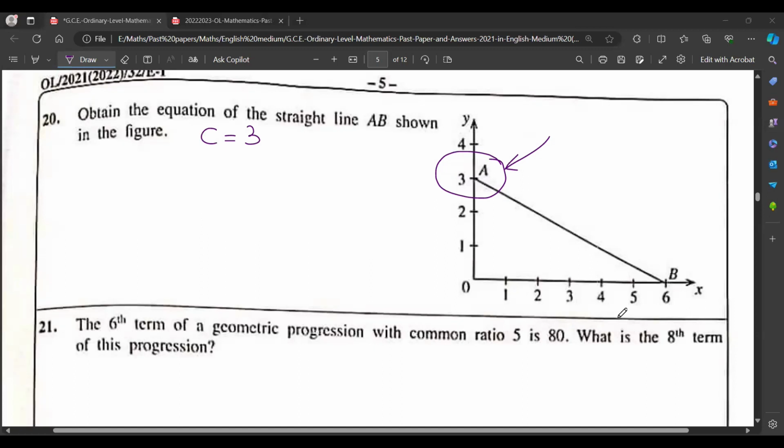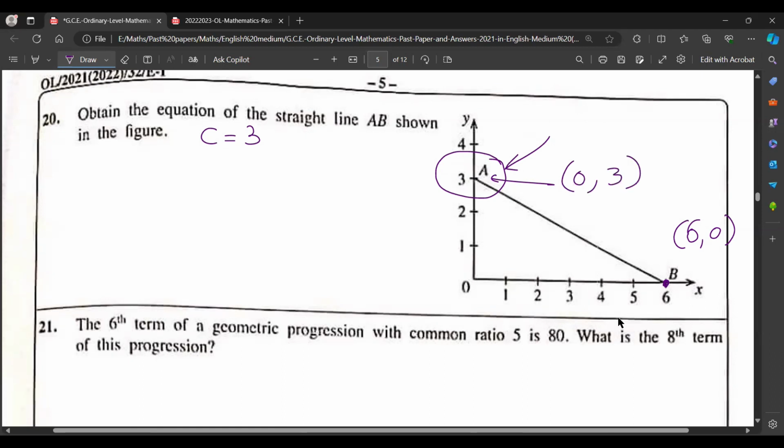And you can find two coordinates. What is the coordinate of B? X coordinate is 6, Y coordinate is 0. So 6, 0. What is the coordinate of this one? X coordinate is 0, Y coordinate is 3: 0, 3.